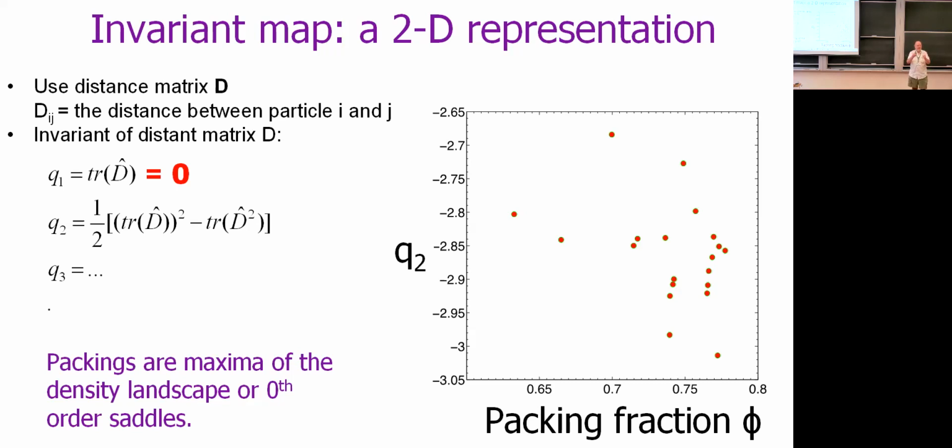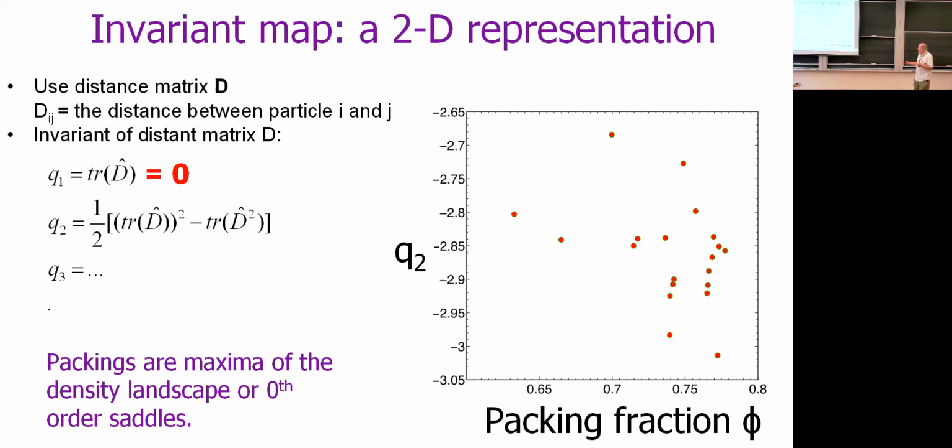We take a matrix made up of the distances between every particle, and we look at the invariants of that matrix. Now, the first invariant, the trace, is 0 for this matrix because the distance matrix has all zeros along the diagonal. But the second invariant is perfectly fine. You could use the third one. It really doesn't matter. You could just project it. There's all kinds of things you could do. We just picked this so we would have something concrete to use.